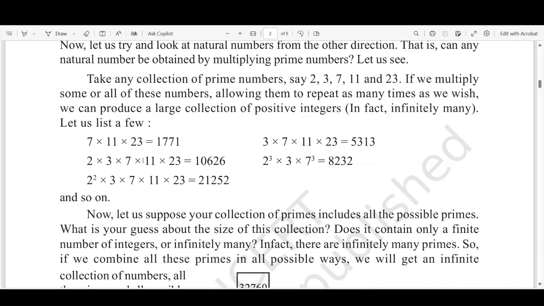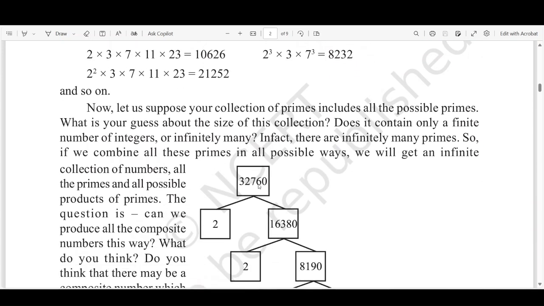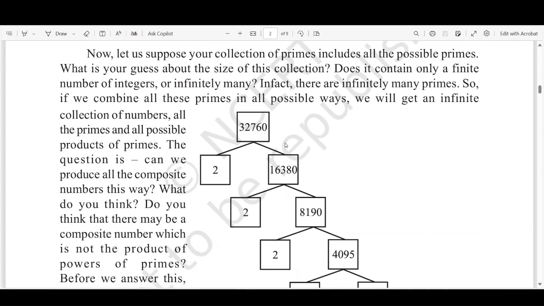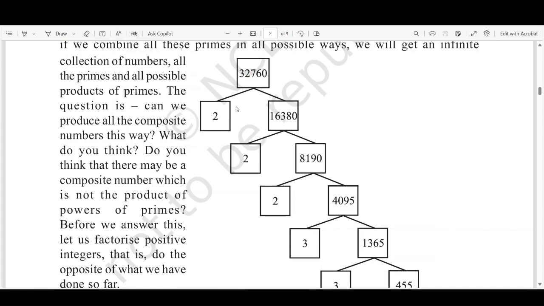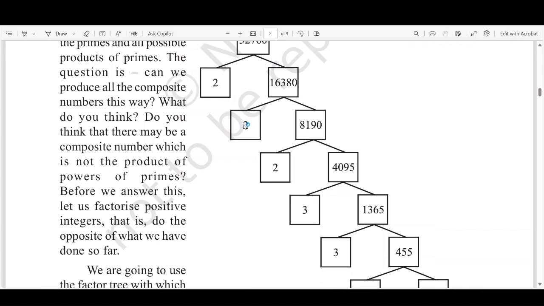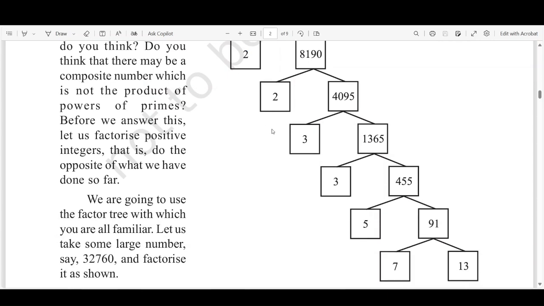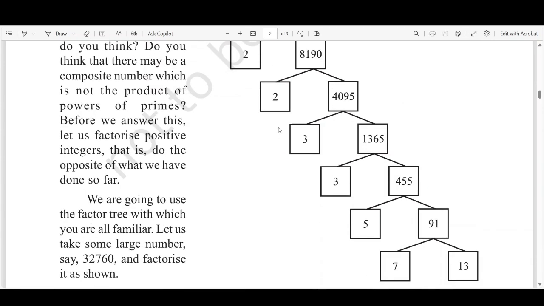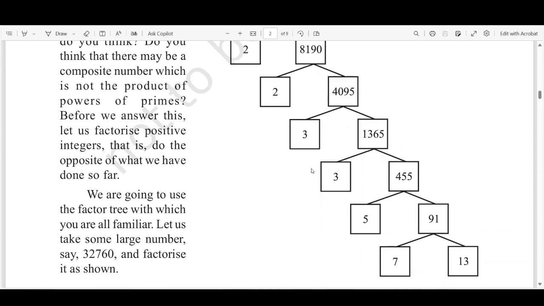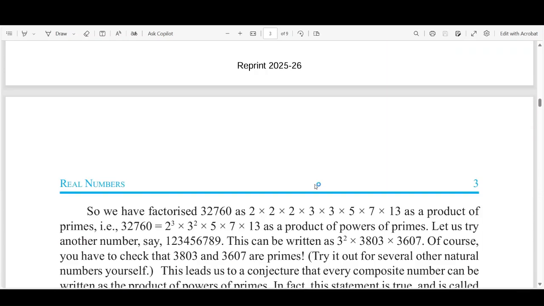So here they have given a few examples, and they have also elaborated this idea by taking one particular example, the number 32760. If you keep on factorizing it such that the factors are prime numbers, finally we have written the number as the product of the primes 2, 3, 5, 7, 13.